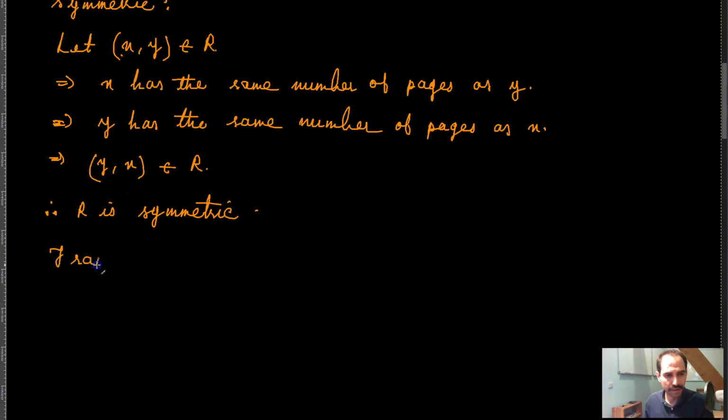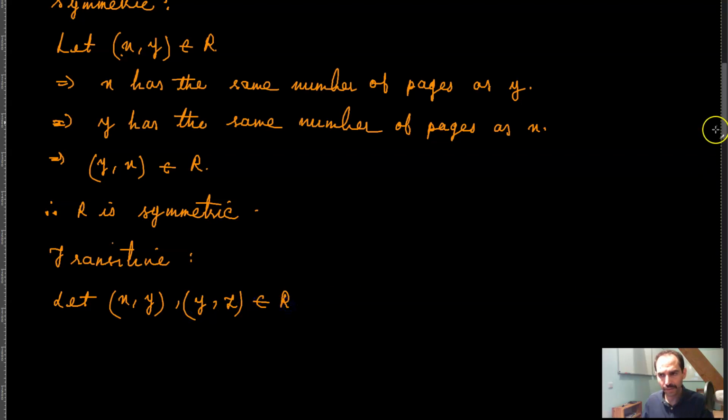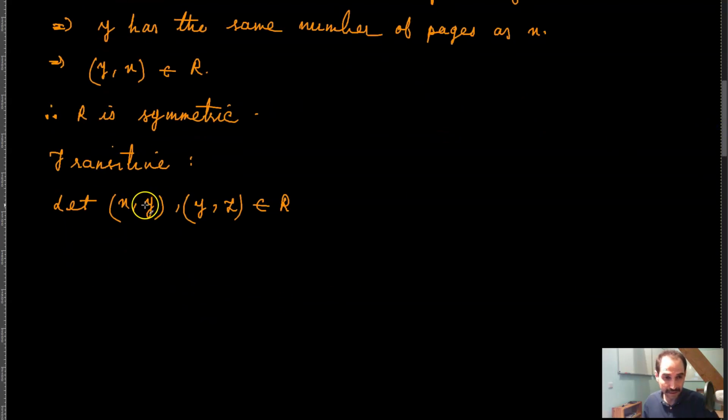About R being transitive, you can argue that let some (x, y) and (y, z) belong to R. That implies that x has the same number of pages as y and y has the same number of pages as z, which means that x has the same number of pages as z.